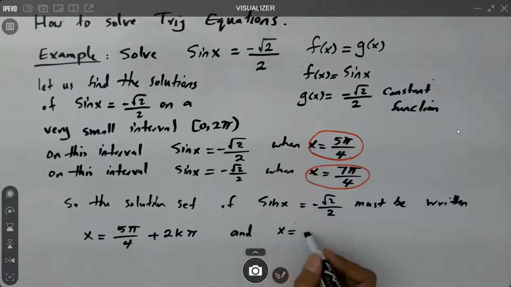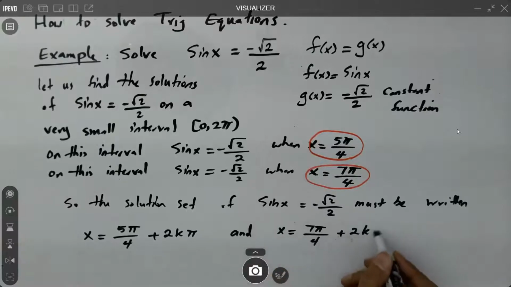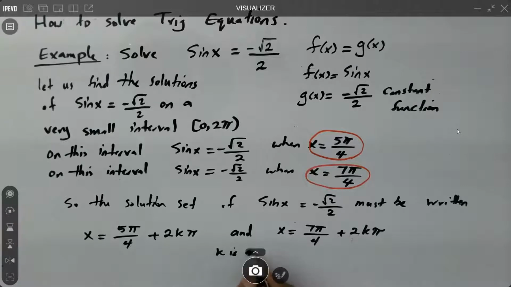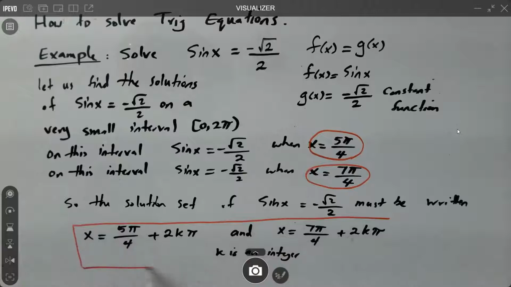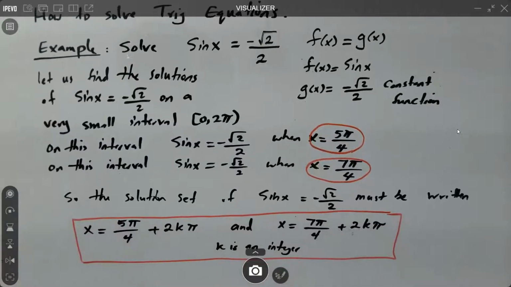And x is equal to 7 pi over 4 plus 2k pi, and k is an integer. You have all of these solutions listed here for you. You do not have to list them separately.